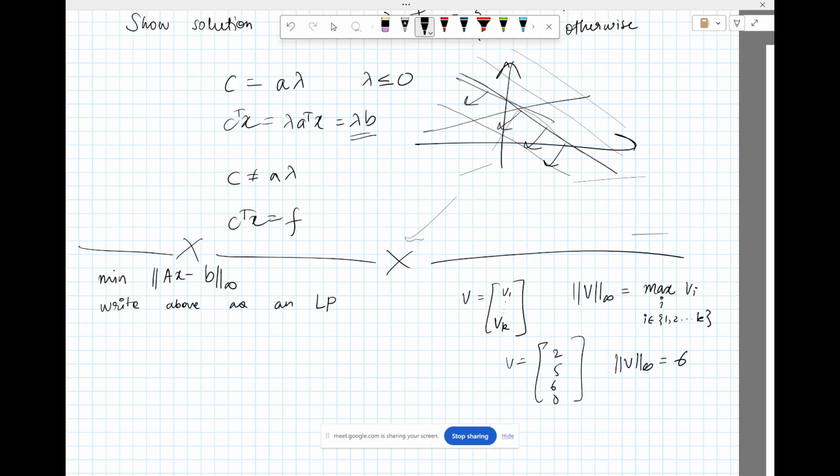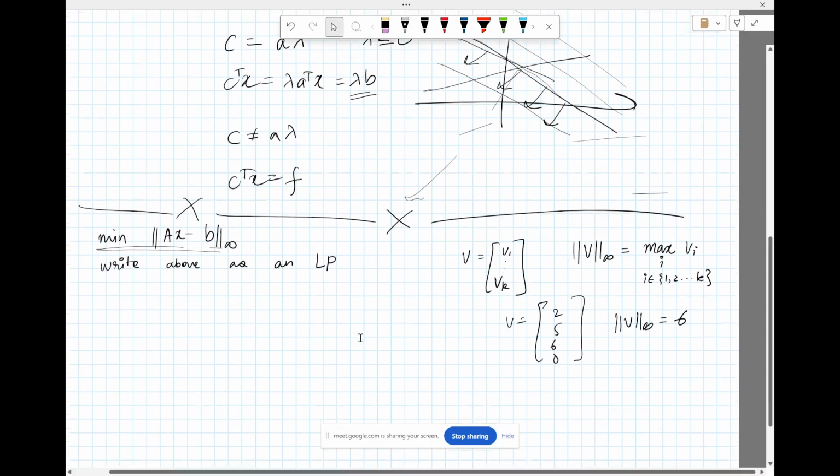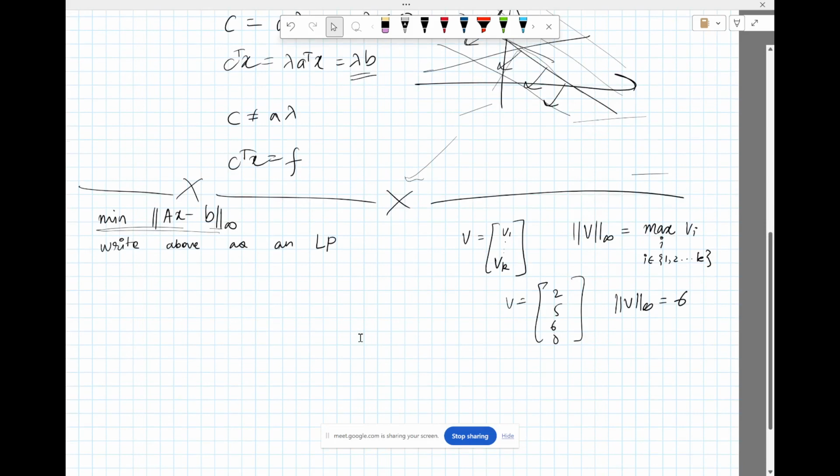So we need to write a linear program such that by solving that linear program I get the solution to this objective. So we need some objective and some constraints which are linear.